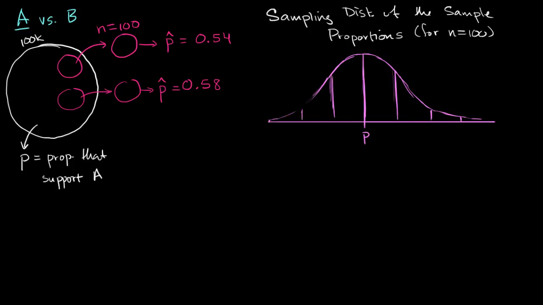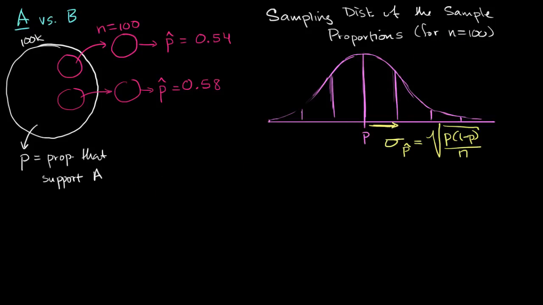So this distance, let me do this in a different color, this standard deviation right over here, which we denote as the standard deviation of the sample proportions for this sampling distribution. We've already seen the formula there. It's the square root of p times 1 minus p, where p is once again our population proportion, divided by our sample size. That's why it's specific for n equals 100 here.